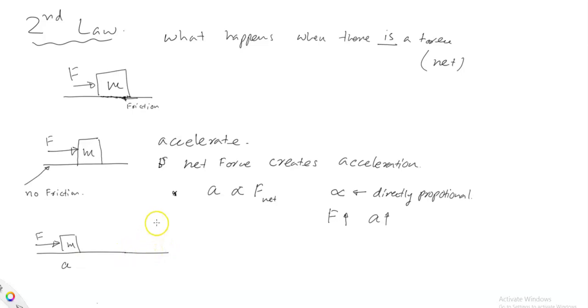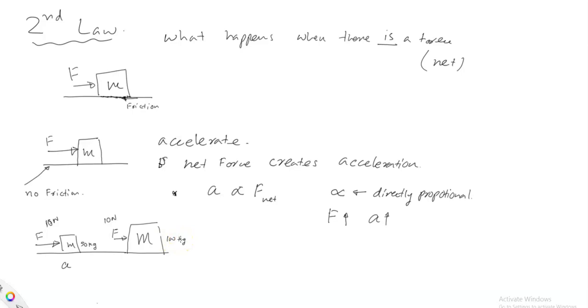Now let's say here's a bigger mass M. You apply the same force, F is going to be the same. If this is 10 newtons here, you're going to apply the same 10 newtons. Now the mass is bigger. If this was 50 kilograms, over here we have 100 kilograms, but you are applying the same force.